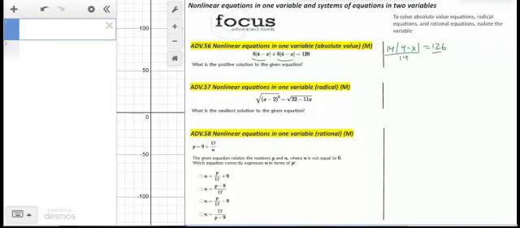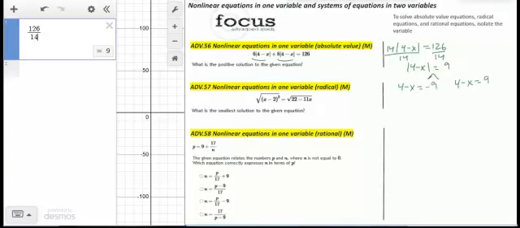If we divide both sides by 14, we get the absolute value of 4 minus x is equal to 126 divided by 14, which is 9. Now you can solve your absolute value equation. When we split this, on each side we start with exactly what's inside the absolute value. On the right, we set it equal to what was given. On the left, the opposite of what was given.